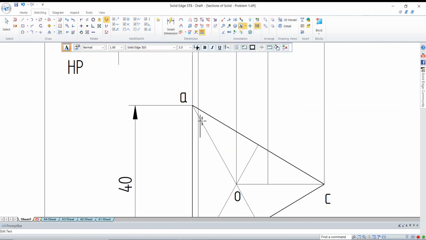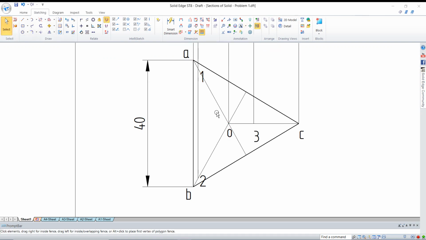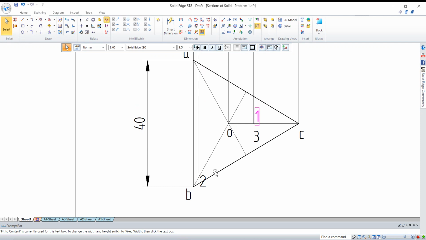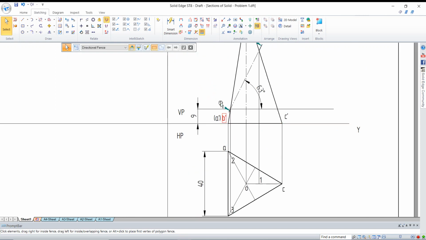So A cutting point I'll write as 1, B cutting point as 2, and C as 3. Or as per your manual, you'll write 1 here, 2 here, and 3 here. So 3 cutting points, 1, 2 and 3.